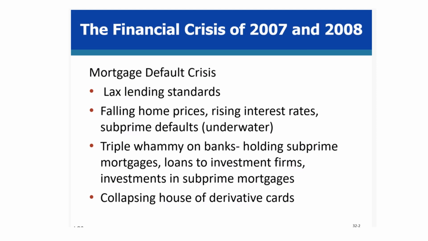Two events happened simultaneously, which was the catalyst for catastrophe: falling home prices, rising interest rates. Many subprime borrowers did not engage in traditional 15, 20, 30-year fixed rate mortgages. Instead, they were placed into adjustable rate mortgages. You may have heard the term predatory lending.